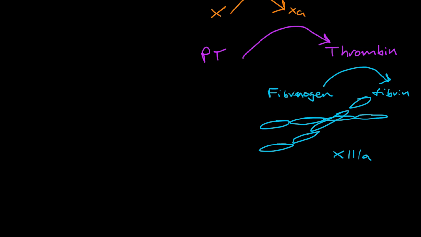I'll draw that in a different color, and it creates cross linkages between the two, so the fibrin creates this mesh, this really complex sort of basket weave pattern, and that is what is the end of our clotting system.